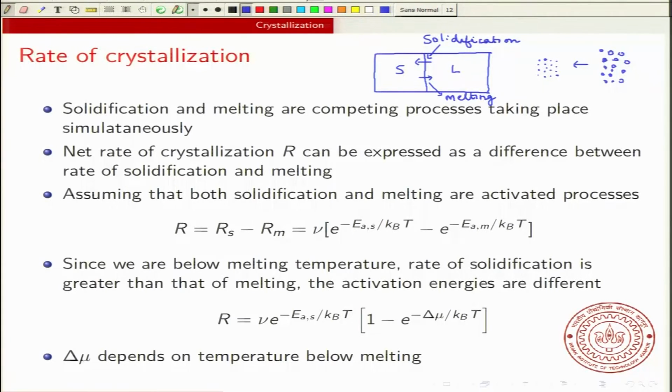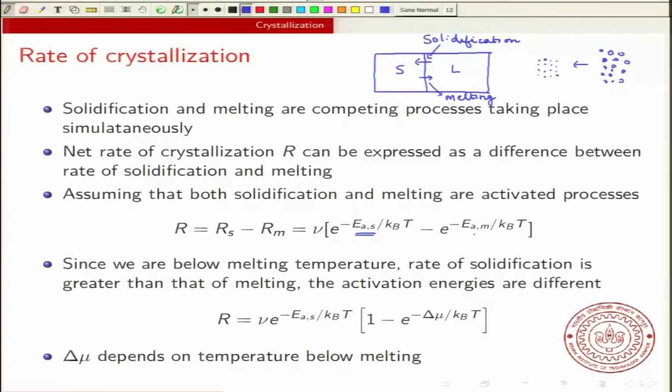If you look at the actual process of solidification, it has to nudge all the things around. Any atom or group of atoms has to rearrange, and there is some activation involved with that. So you can say that the rate of solidification has some activation energy, given by E activation of solidification, where S stands for solidification.